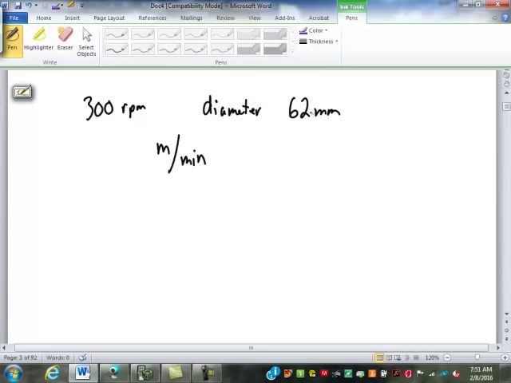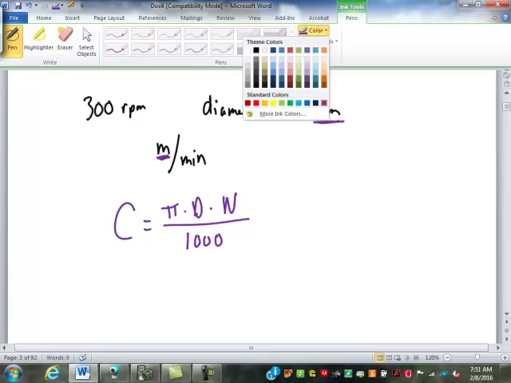The only thing that's changed here is the units. My cutting speed is still going to be my distance, which is pi times my diameter times my RPM. But now instead of converting inches into feet, I have to convert millimeters into meters. How many millimeters are in a meter? 1,000.